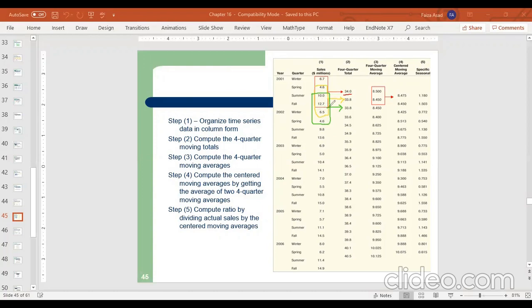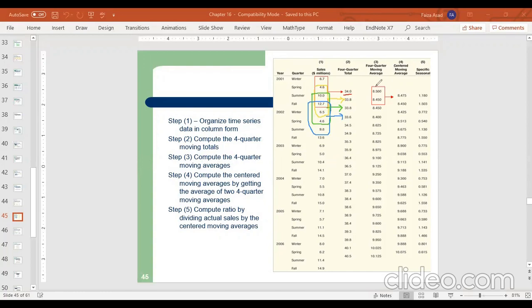We will repeat this procedure until the last value. If I do it for the next quarter, it is going to be this value. So 1, 2, and the fourth value is this value. After adding up the 4-quarter moving totals, the third step is to compute the 4-quarter moving average.